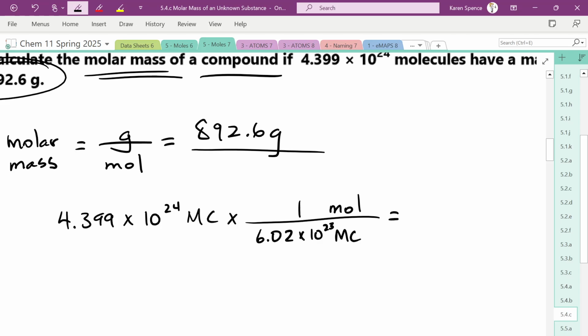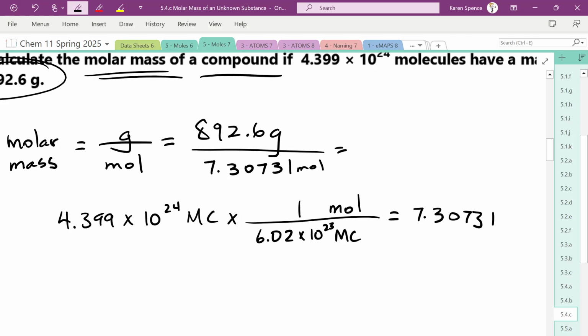4.399 E24 divided by 6.02 E23 equals 7.3073. And that is moles.